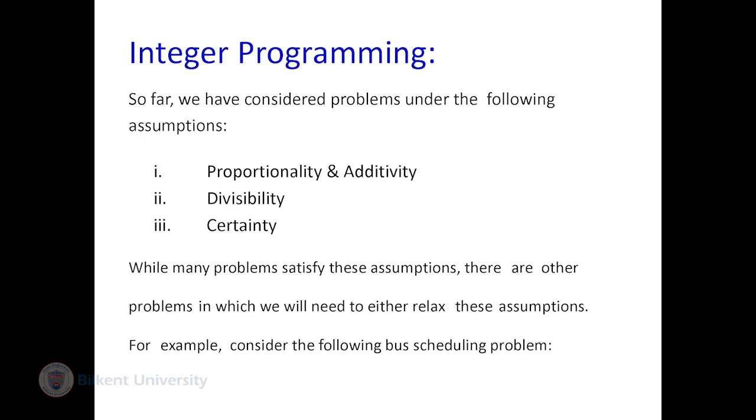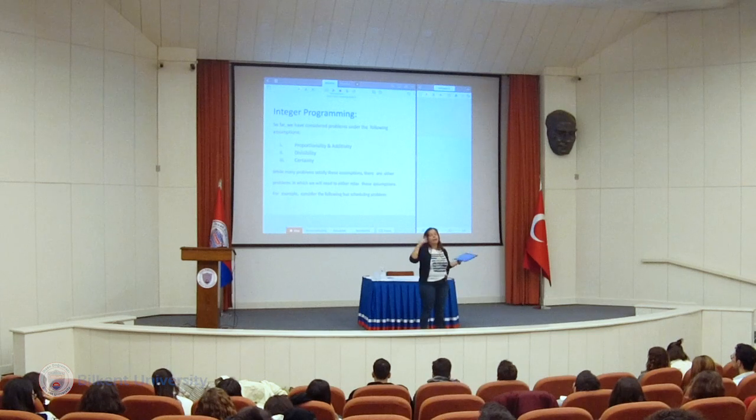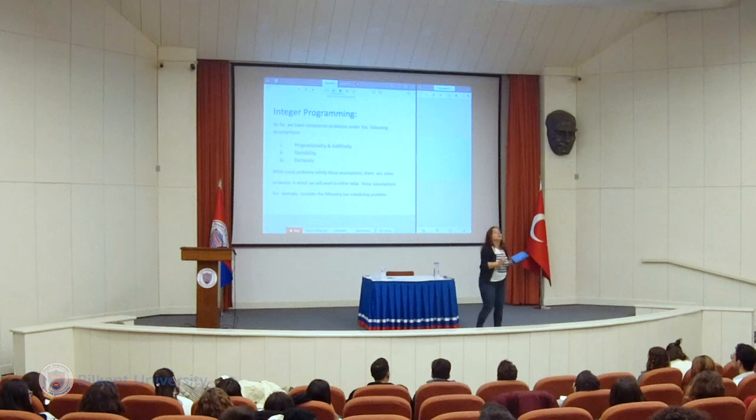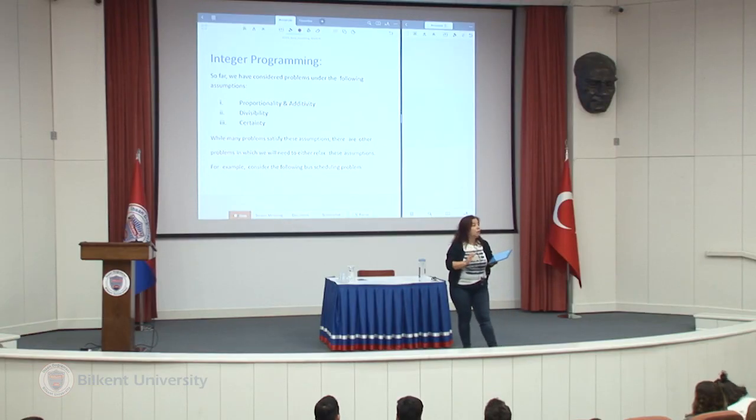We will still know the environment with certainty, okay? If you don't know what's happening, if you're in a stochastic environment, you're in course 325, right? In 202 and 303, we're in deterministic environments, so we will still know the parameters for certain, but we will just relax the divisibility assumption. Okay.